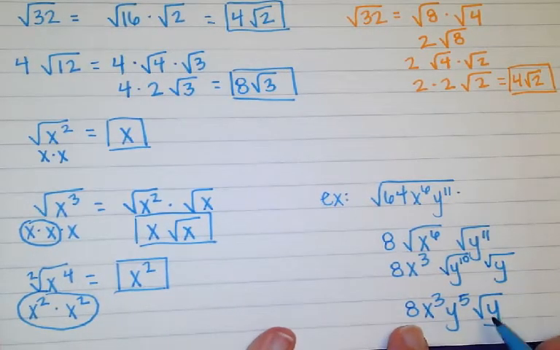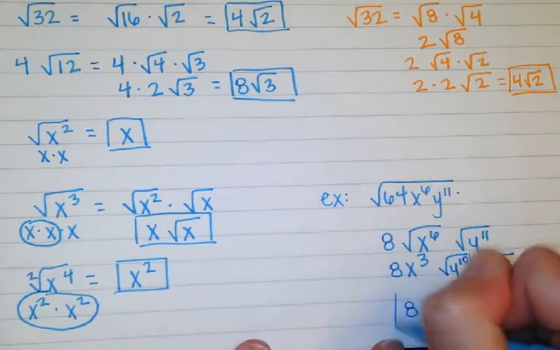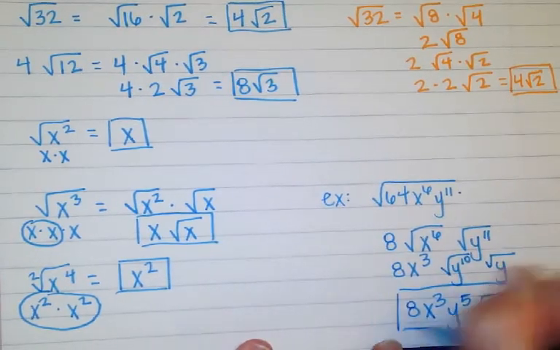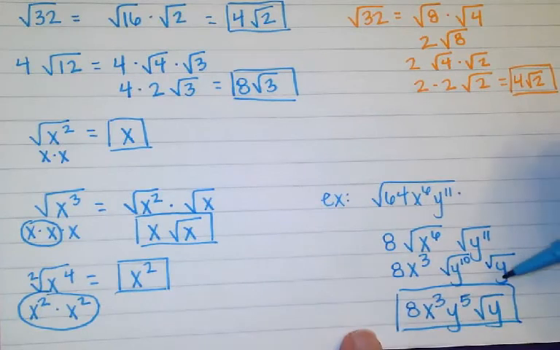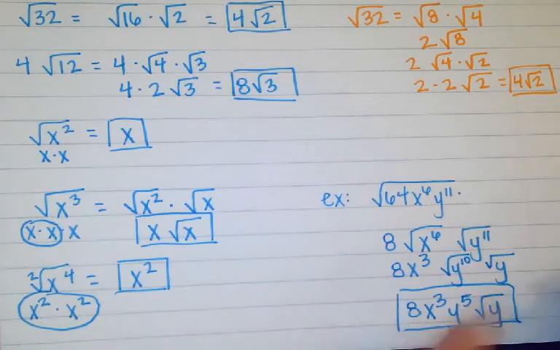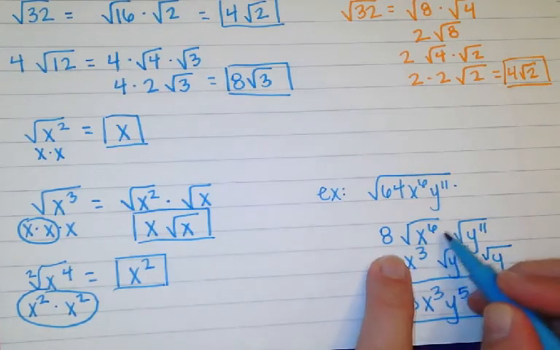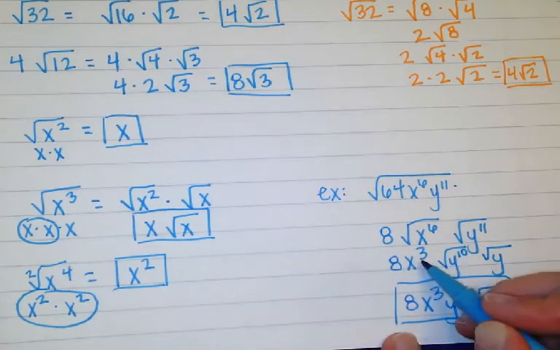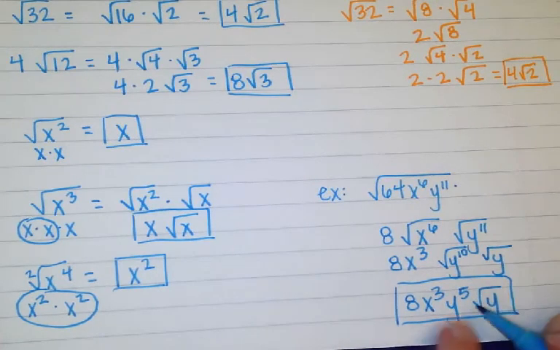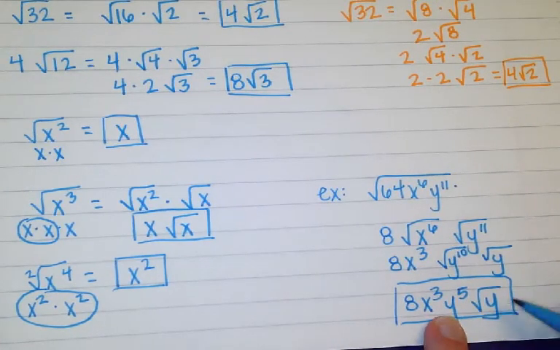So I know it doesn't necessarily look more simplified than what we started with, but as you're doing the square roots, and this is what the assignment you submit on Friday is going to be over, you're looking for how many times I could divide 2 into that power. Here it went in 3 times, into 11 it went in 5 times, and left 1 still in the square root.